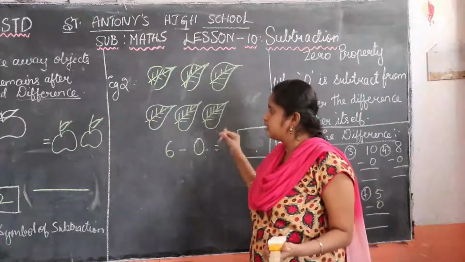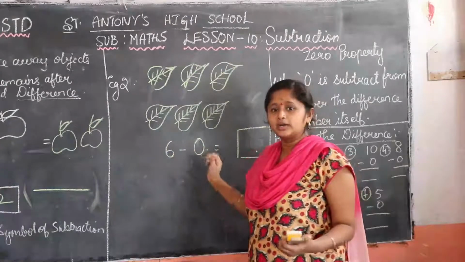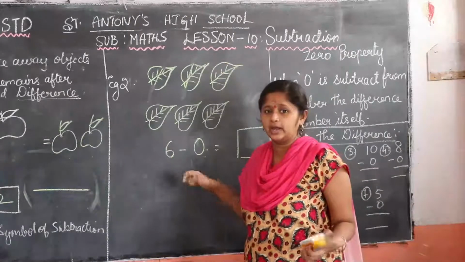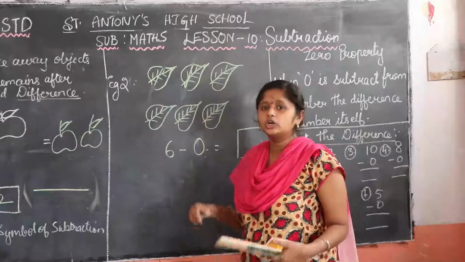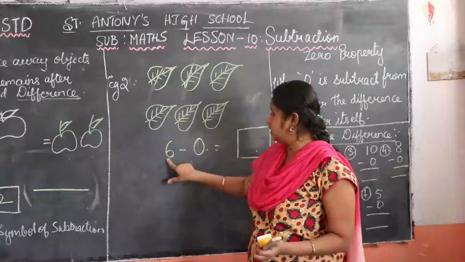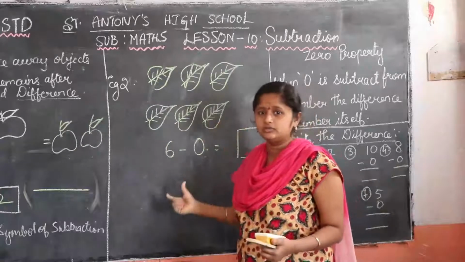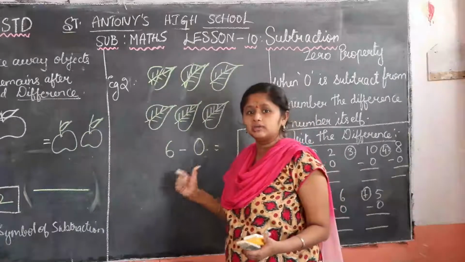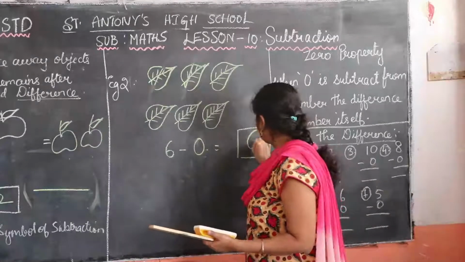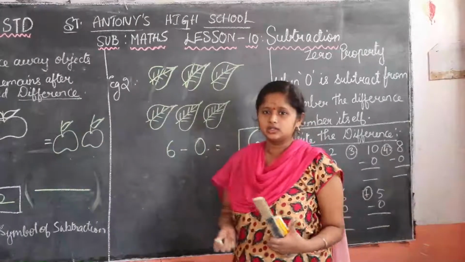Now how many leaves are here? 6. But what do we have to do? We don't want to stick any pictures into the notebook. So what will be the remaining? The remaining will be the same number itself. So as it is, 6, you have to write.